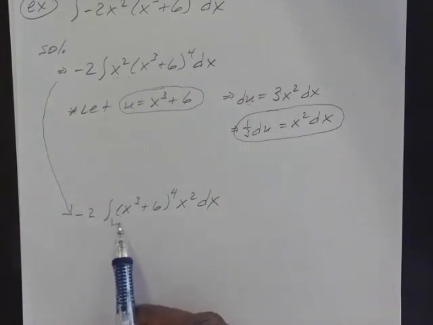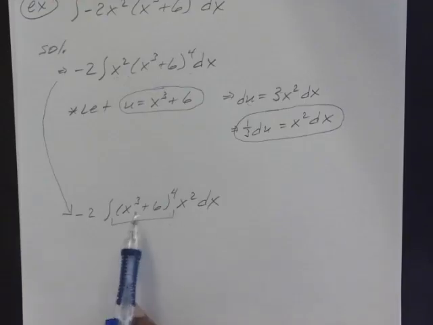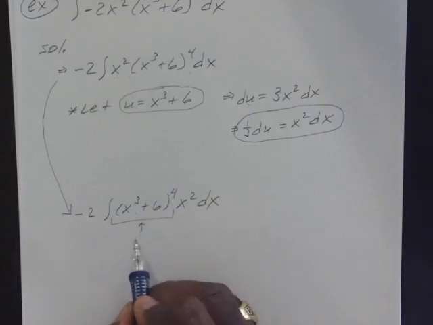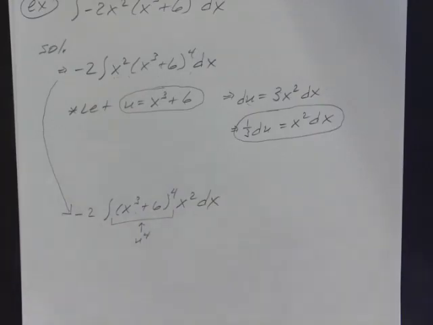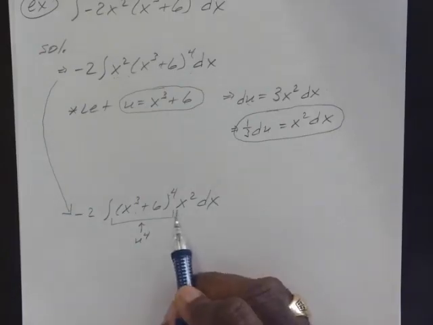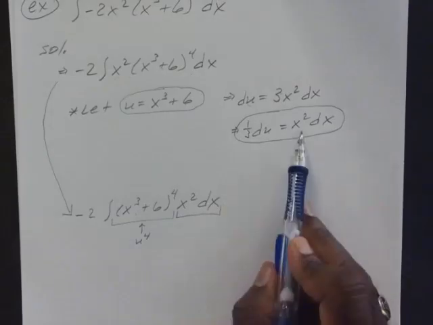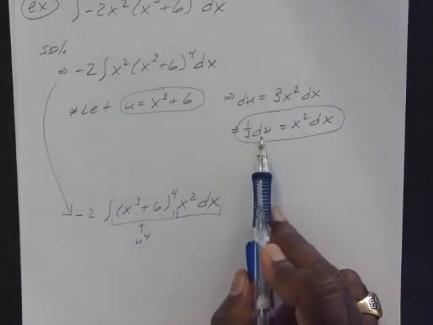Okay, so now we know that we can rewrite this as u to the fourth power. And this x squared dx, we can rewrite that as 1/3 du.